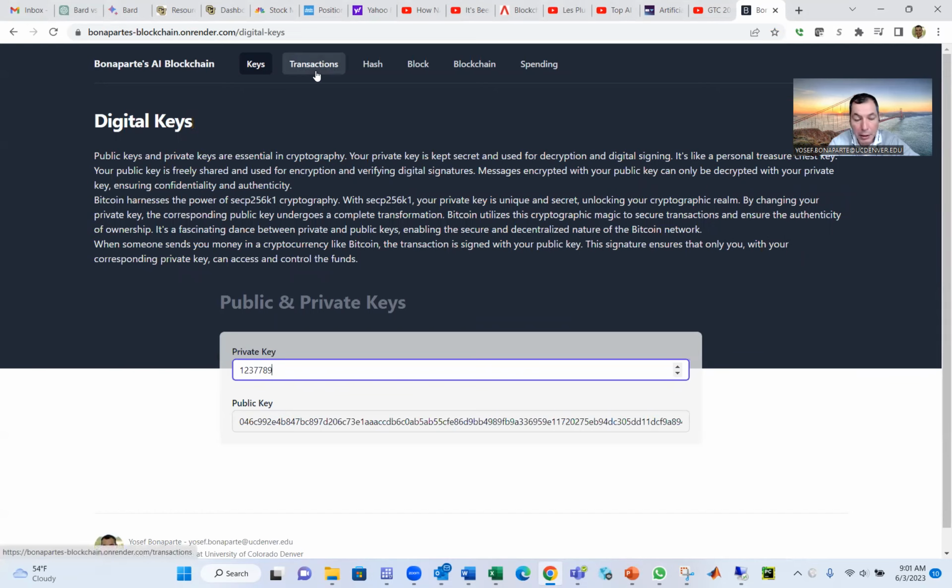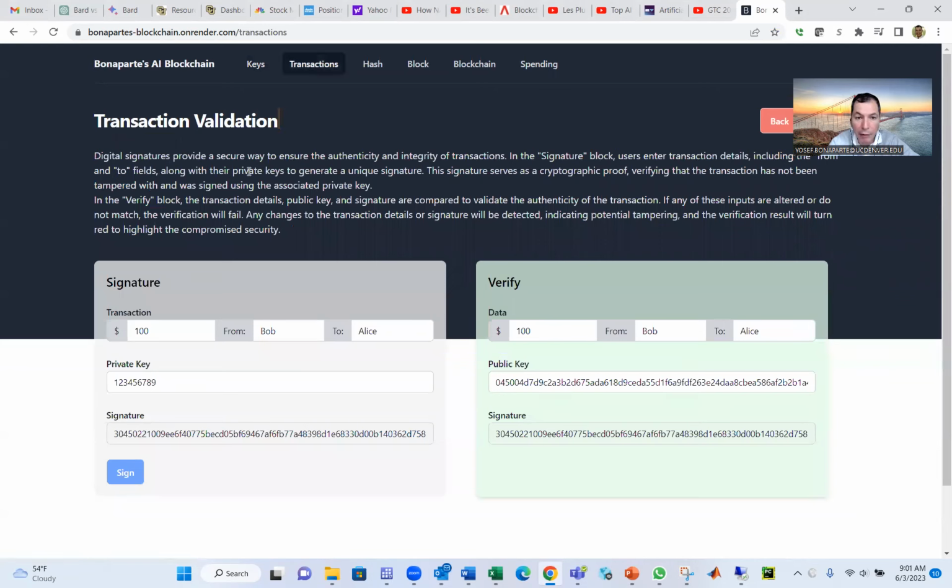After you make a key, you join the blockchain, Bitcoin or Ethereum, because you want to make some transaction with your peers. For example, Bob sent $100 to Alice. That's your private key, this is a signature, and then that's a public key and the signature.